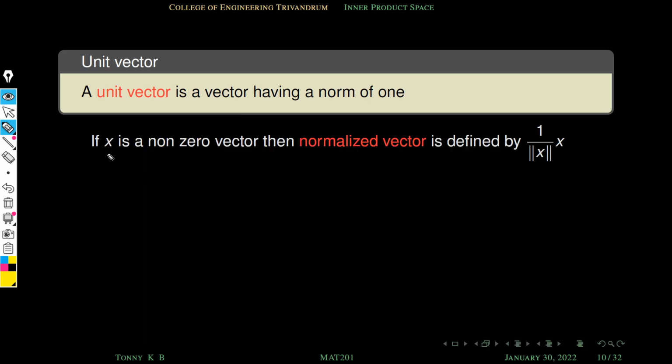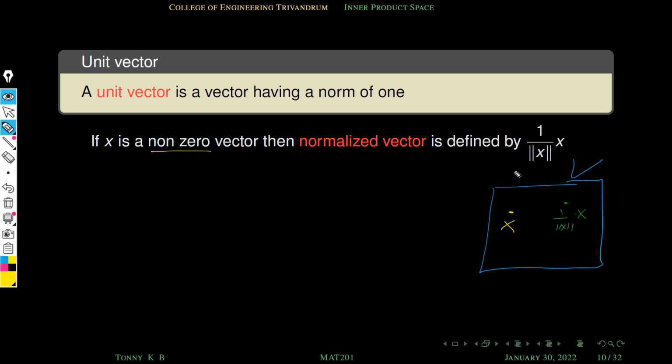Next definition: if x is a non-zero vector, then the normalized vector is defined by 1/norm x times x. We know that norm x is a scalar, a real number. So 1 by a real number is again a real number, and that real number times the vector is a scalar times a vector. The important thing is x should be non-zero.